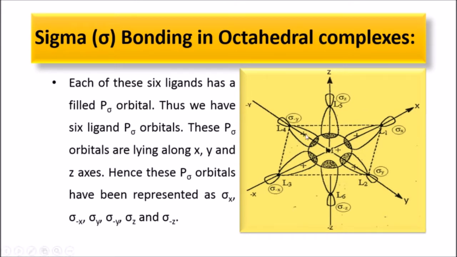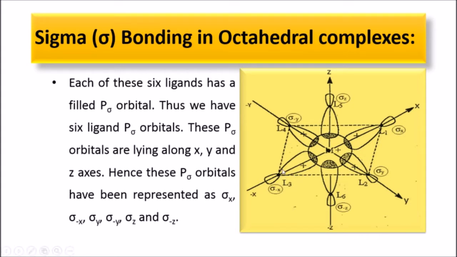You can see here this is the s orbital and all the ligands are going to interact with the s orbital. As you know, the s orbital is spherically shaped and distributed in all directions in equal proportion, and that is how ligand 1 interacts, along with 2, 3, 4, 5 and 6. This interaction of the p sigma orbital of ligand 1 with the metal orbital is represented as sigma plus x.